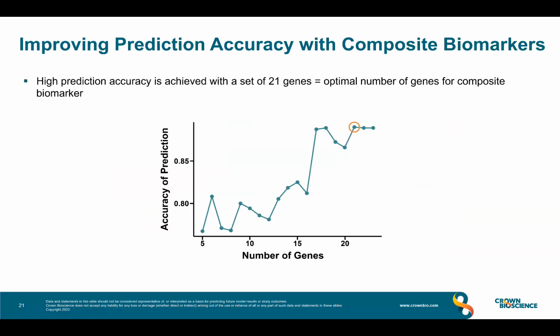This plot shows how we select the best number of genes. We tested from 5 genes to 30 genes, and we can see that a set of 21 genes shows the optimal prediction accuracy.